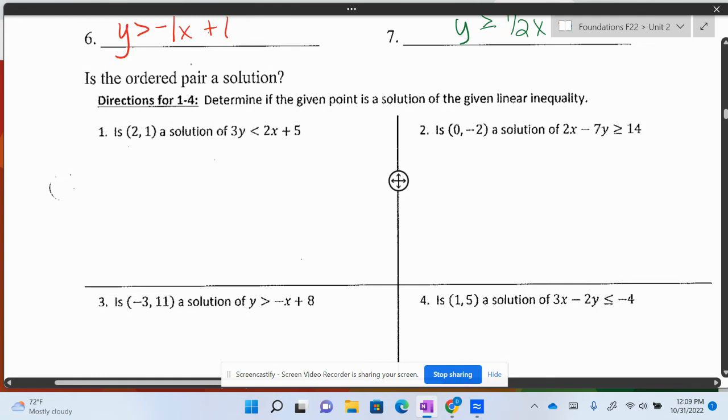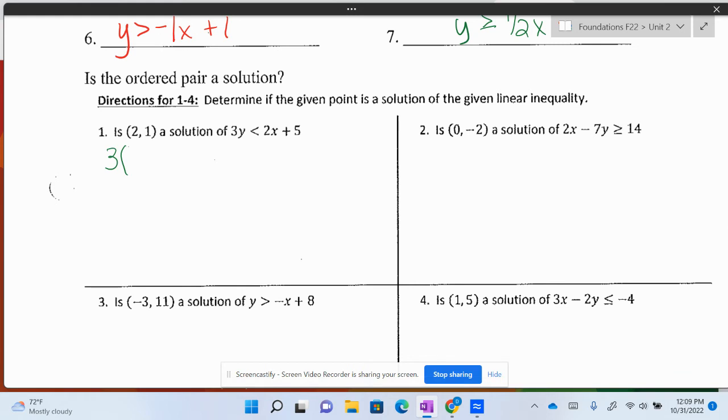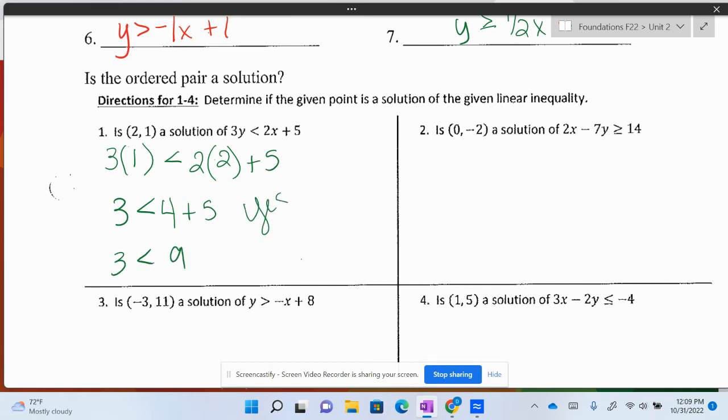So what am I replacing the y with? 1. 3 times 1 is less than 2 times, what am I replacing x with? 2 plus 5. 3 times 1 is 3. 2 times 2 is 4, plus 5 is 9. 3 is less than 9. Is that true? So yes, the ordered pair 2, 1 is a solution.